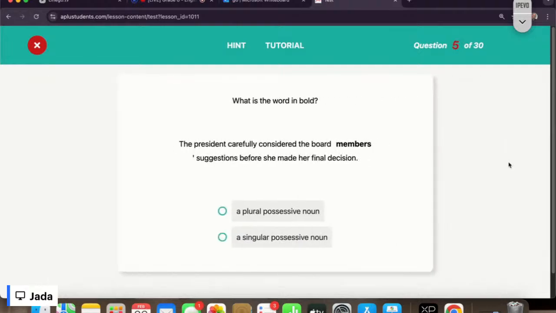Then the president carefully considered the board member's suggestion before she made her final decision. First to second.